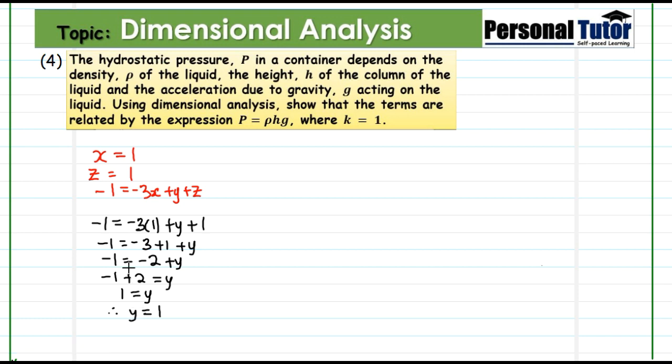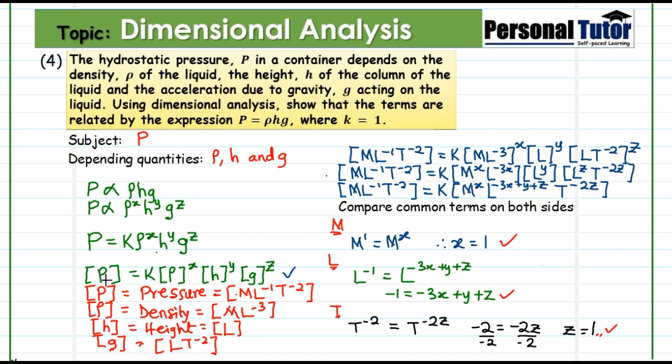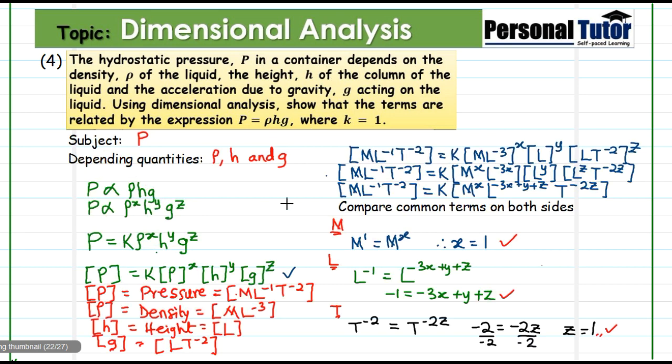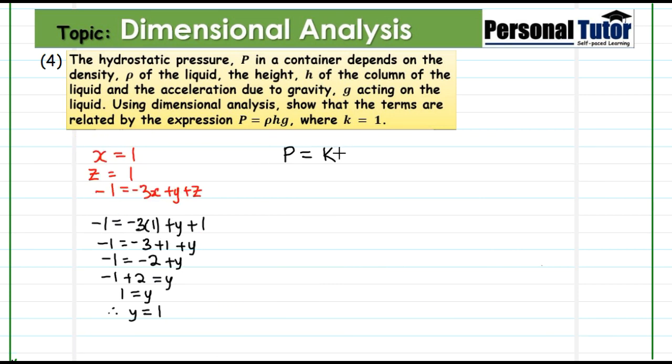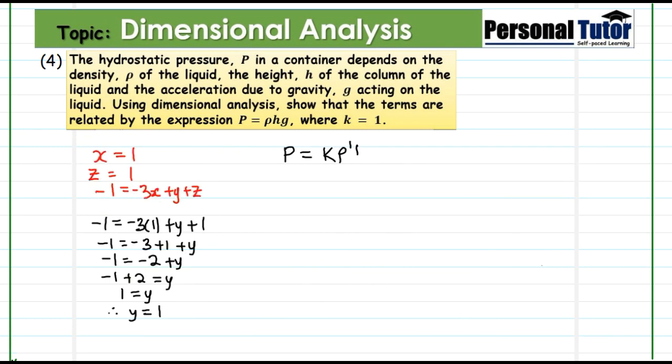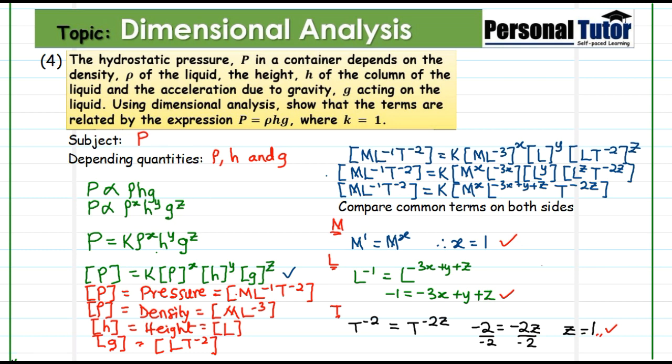Thank you very much. That will mean that when we substitute into the equation, the pressure is equal to K, then rho to the power S, where S is 1, then the H to the power Y, Y is also 1, then the G to the power Z, which is also 1.